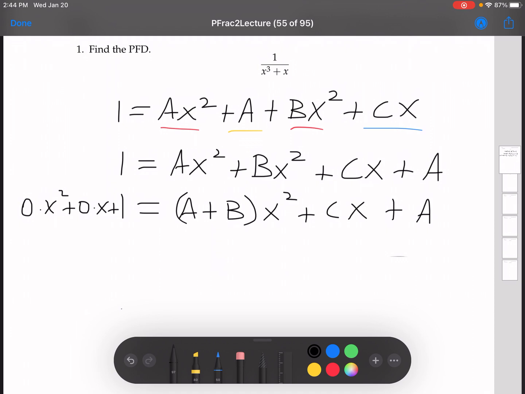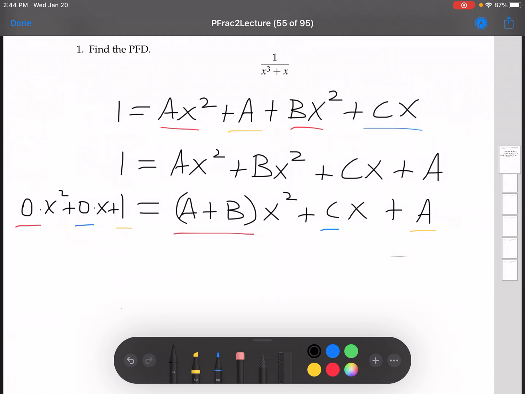And now remembering that two polynomials are equal if and only if they have the same coefficients, we know that a plus b has to be 0, that 0 has to be equal to c, and that a has to be equal to 1.